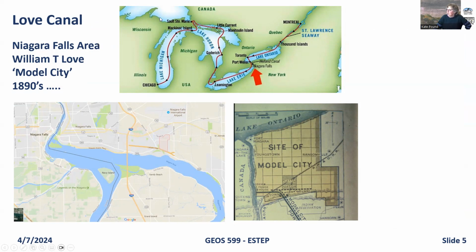So let's just take a look at a map to show where this is. It's in the Niagara Falls area. So here we have Lake Erie and Niagara Falls and Lake Ontario. And back in the 1890s, there was an investor, developer by the name of William T. Love, and he wanted to build a model city.